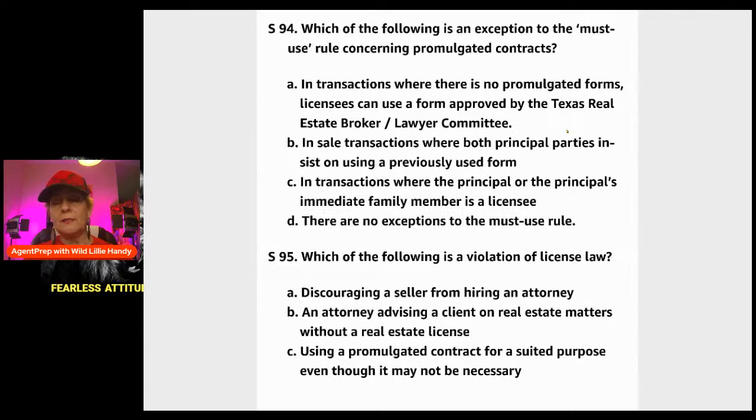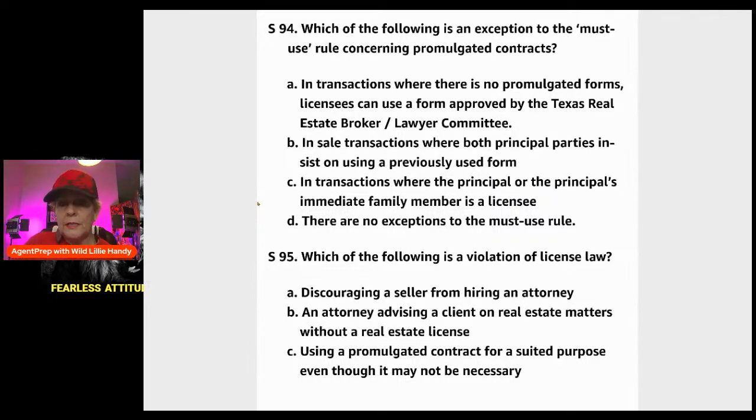Because that's who ends up creating the promulgated contracts, the 13-member committee. So there's 6 brokers, 6 lawyers, and 1 civilian. So they can approve that document. So that is an exception to the must-use rule.